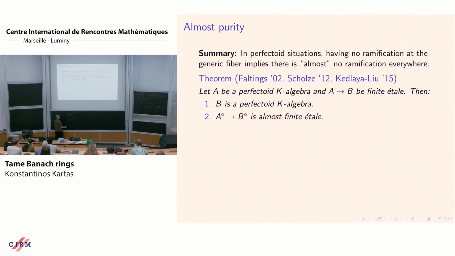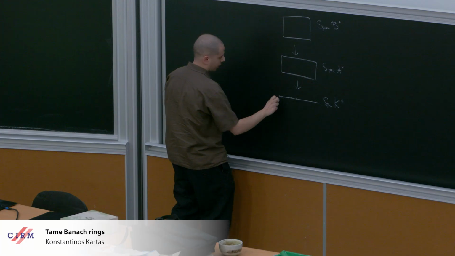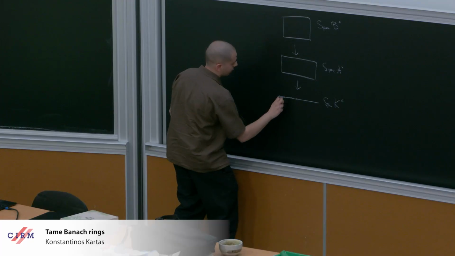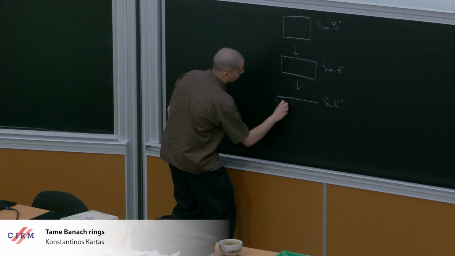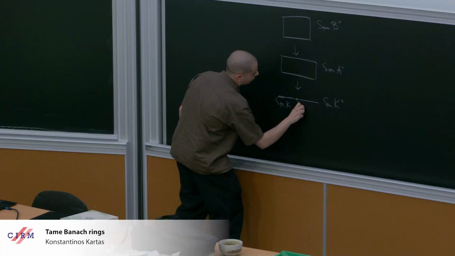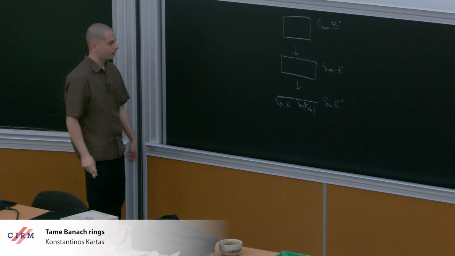So what does this theorem say? Now you can look at this morphism over the so-called generic fiber. This spec of K circ has 2 points. One is the generic point, which corresponds to spec K, and the closed point corresponds to the maximal ideal.